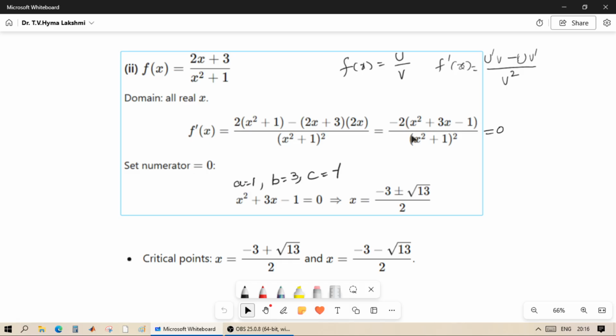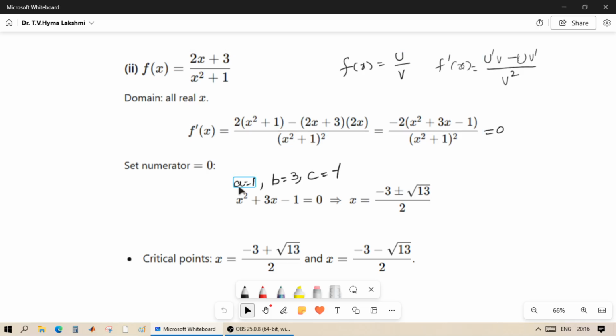And when it is simplified, we get minus 2 into (x square plus 3x minus 1) by (x square plus 1) whole square. I have to set f dash of x equals 0 to find the critical points. So minus 2 into (x square plus 3x minus 1) equals 0, so x square plus 3x minus 1 equals 0. That is a quadratic equation, so the roots are minus b plus or minus square root of b square minus 4ac, by 2a.